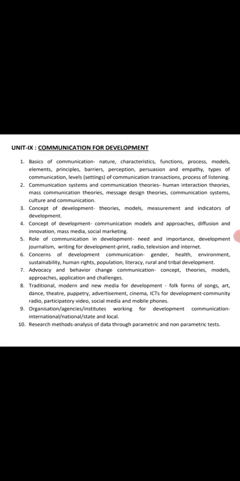In the next unit, ninth unit, we have communication for development. Here we study about all the communication like nature, characteristics, functions, process, models, types, principles, barriers, etc. Then we study about communication systems and communication theories.